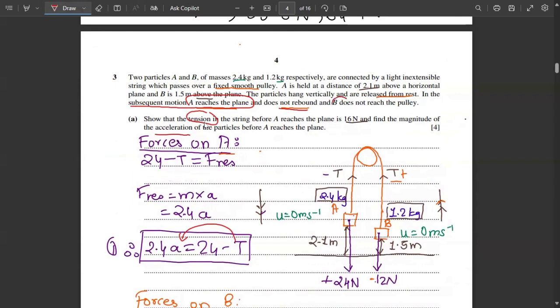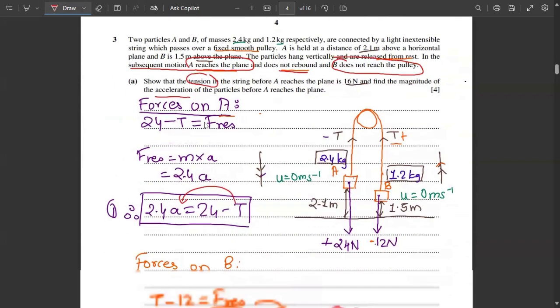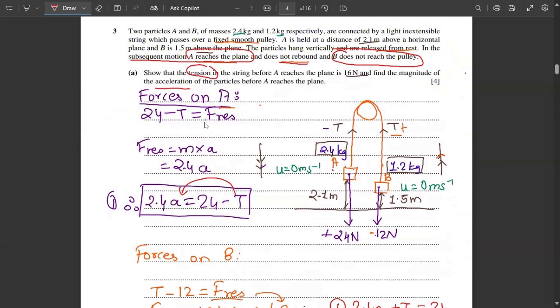And during that time B does not reach the pulley. Okay. So A will go down and A will reach here. But B will reach somewhere here only. B will not touch the pulley. That's what they are telling us.